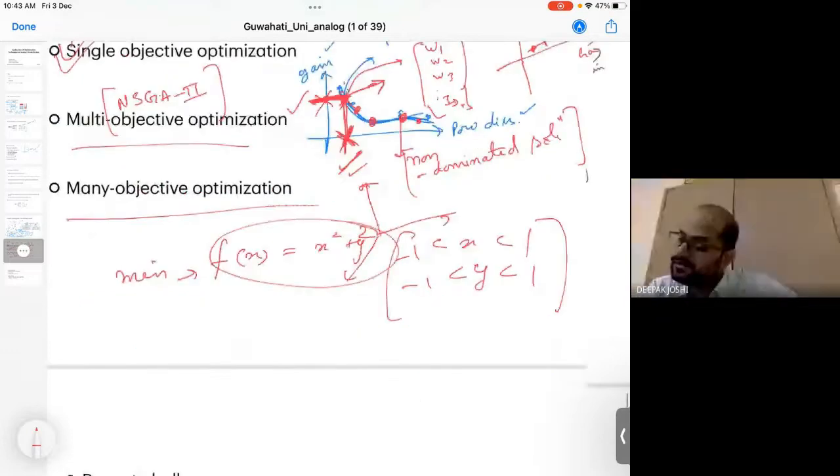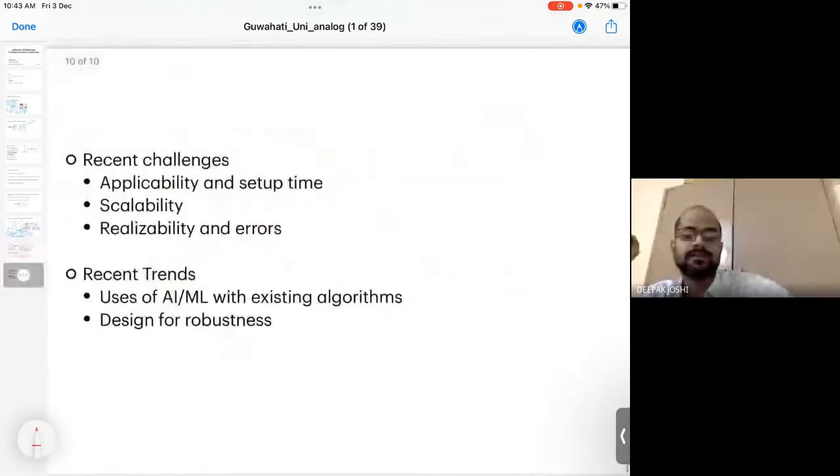Okay, so now let's go towards the recent challenges. What are the recent challenges? So the applicability and the setup time. Setup time is how feasible it is to apply, how feasible it is to convert your analog circuit into the format of an optimization algorithm.